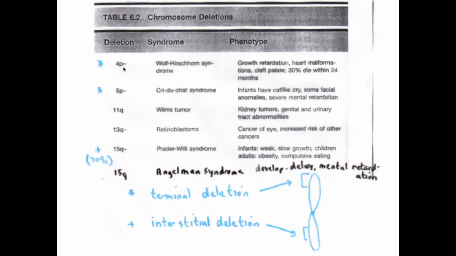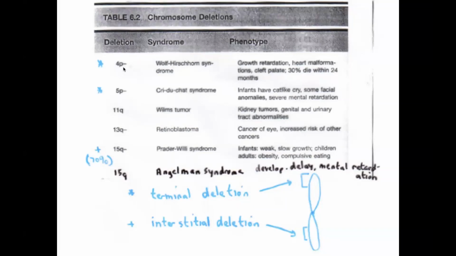So what that means is that the individuals that suffer from this condition are going to be heterozygous for one normal chromosome 4 and one deleted version of chromosome 4 for that tip of that short arm. And therefore, they're only going to carry one copy of all of the genes that fall within the region of that deletion. So what are the consequences?